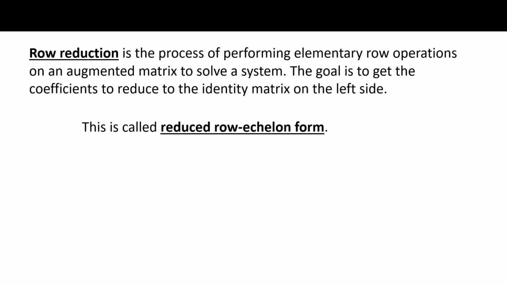So here's what a reduced row echelon form looks like. It's going to be the identity matrix, which is a matrix with 1s on the diagonal and zeros everywhere else. Over here is our constant. You can see why this is helpful.